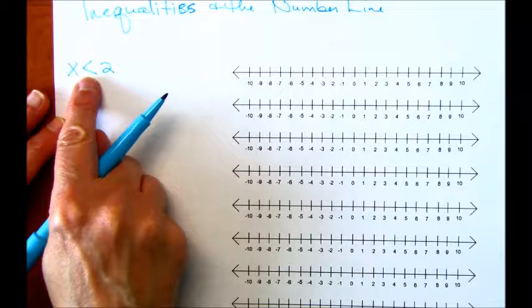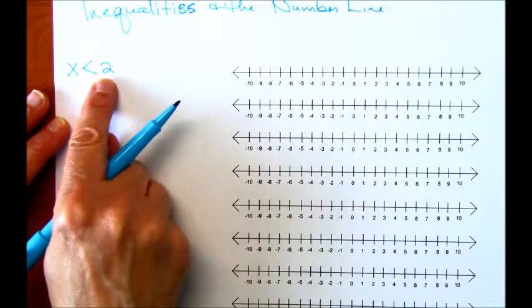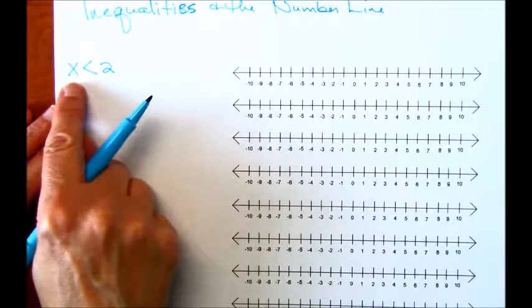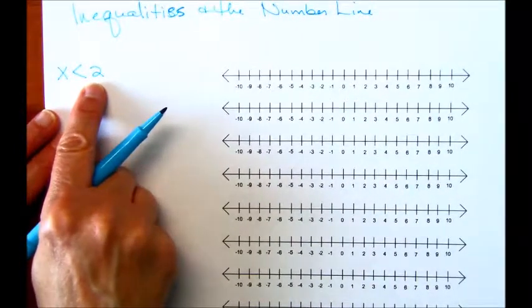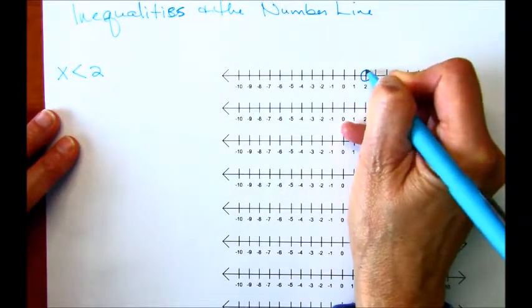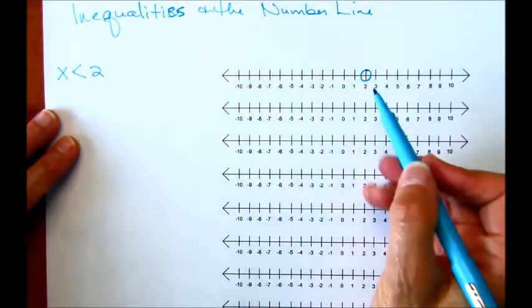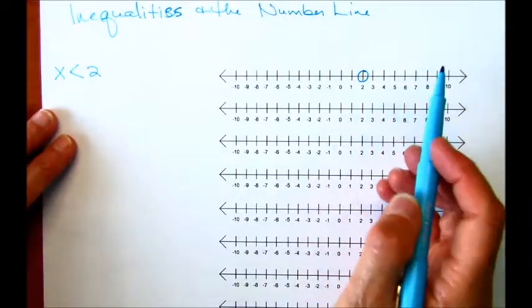Now notice it doesn't have that line underneath, so it's not going to include 2, but it's going to be any number that is less than 2. Okay, so first on the number line, we want to identify where the 2 is and draw an open circle. So here's an open circle, and you don't have to make it as big as I did, but I'm just kind of exaggerating the point here.